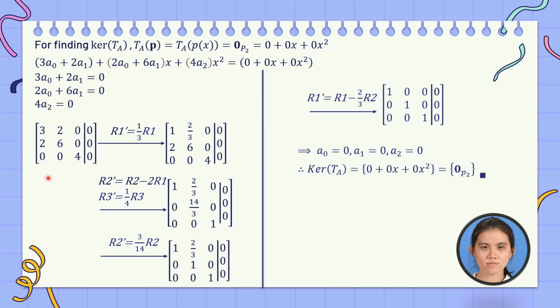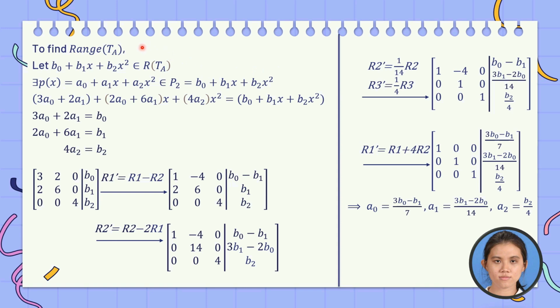By using the system of linear equations, we can create an augmented matrix and do the EROs until we reduce it into RREF form. We can see that a0 equals 0, a1 equals 0, and a2 equals 0. To write the kernel TA in a proper way, we know that kernel TA is 0 plus 0x plus 0x squared, equal to the zero of P2.